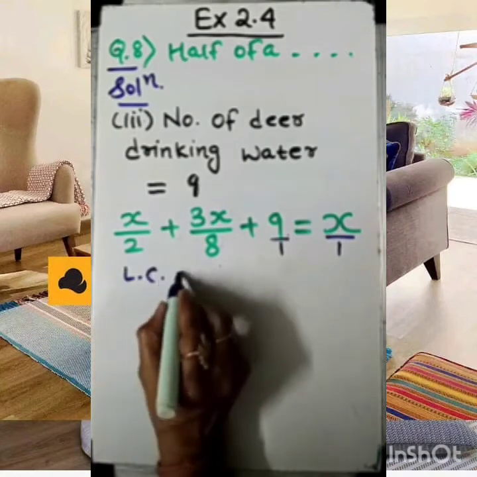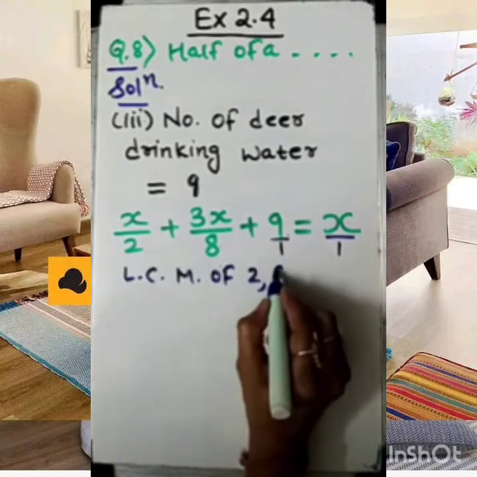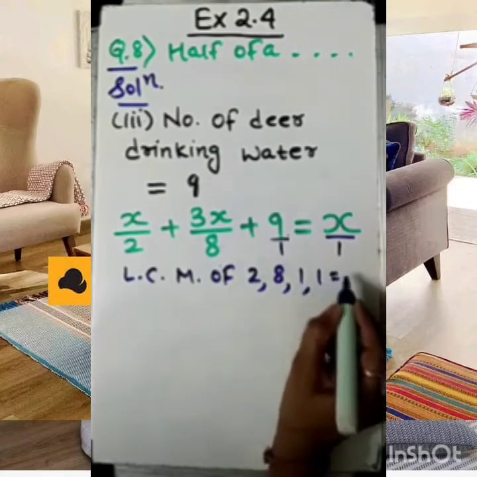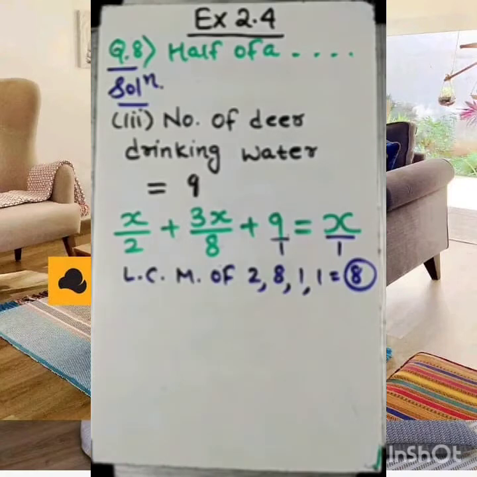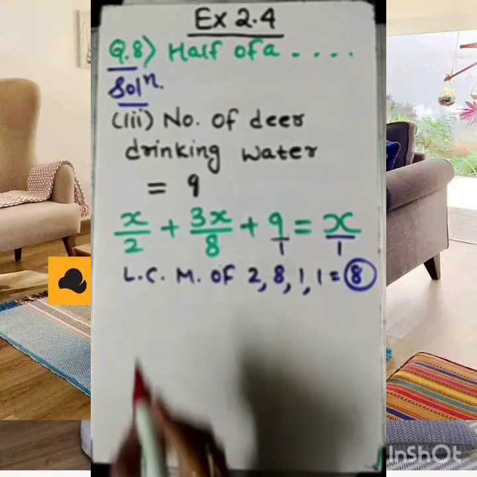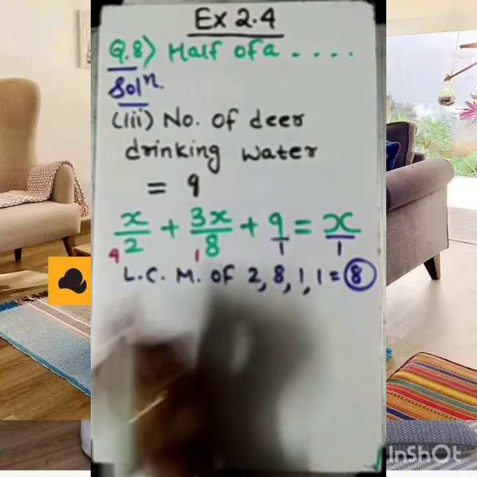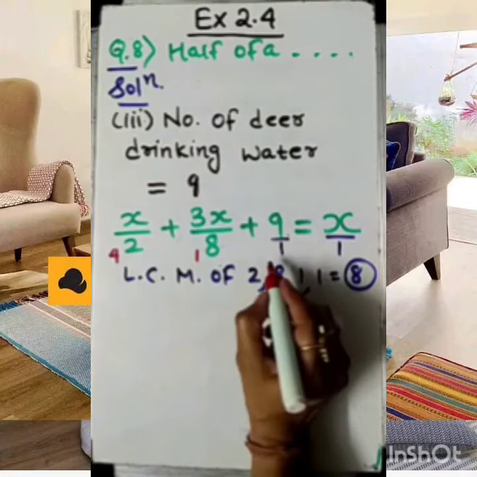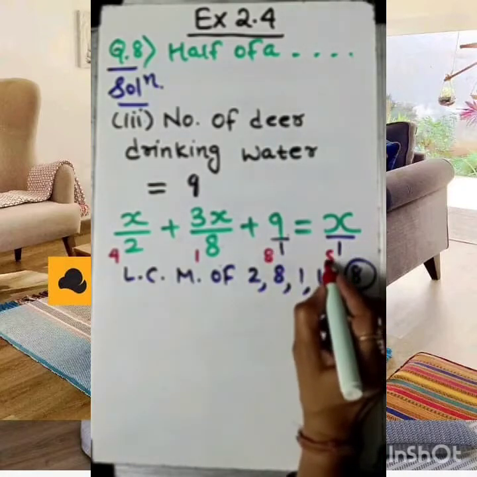So LCM of 2, 8, 1, 1 is equal to 8. Agreed? LCM will be 8. If it is 8, then I need to multiply this 2 with 4. 2 4s are 8, 8 1s are 8, 1 8 is 8, 1 8 is 8.